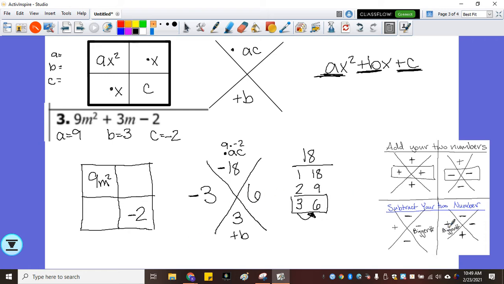The bigger number has to be positive, so that means the smaller one's negative. My cheat sheet chart up here says X, but we changed to M's. So instead of X's, I'm going to put M's with it. It doesn't matter where you put it. 3M, negative 3M, and 6M. If you switch those, that's fine. My answer on top is going to be your answer on the side, and your answer on the side is going to be my answer on top.